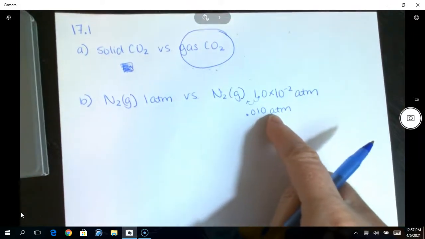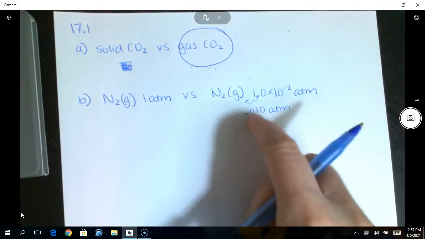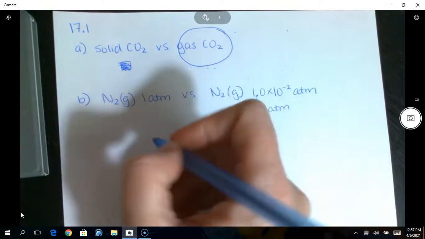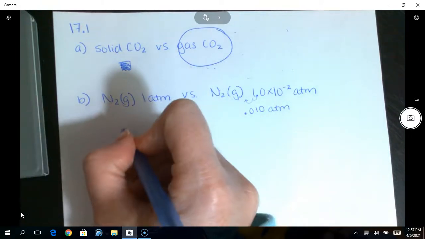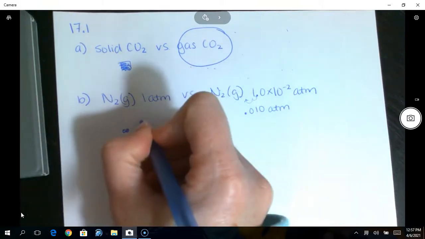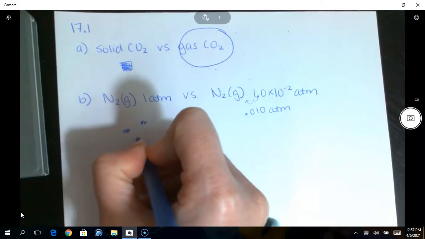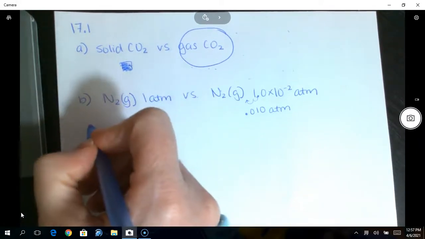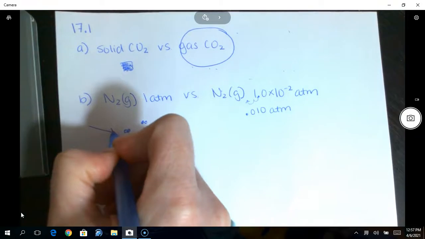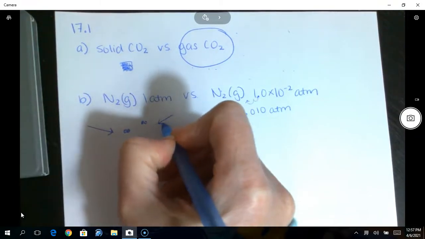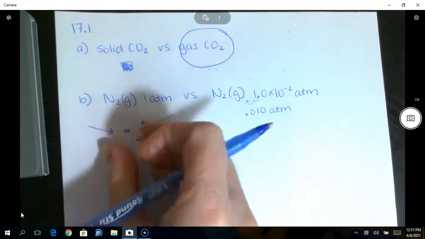That's atmospheric pressure. So if you think about it, this has less pressure pushing on the molecules. So if I have this N2, like here's an N2, and here's another N2, and here's another N2, right? These are being pushed on by 1.0 atm pressure. So it's keeping them in place.